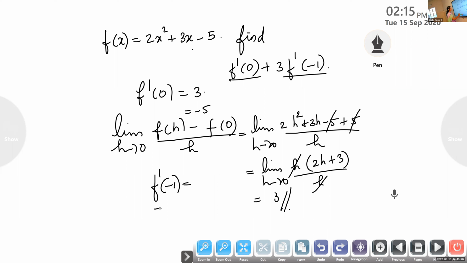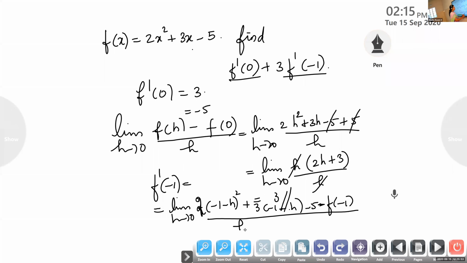Which is same as limit h tending to 0, f of minus 1 minus h the whole square, isn't it? 2 into minus 1 minus h the whole square plus 3 into minus 1 minus h minus 5, minus f of minus 1, by h.